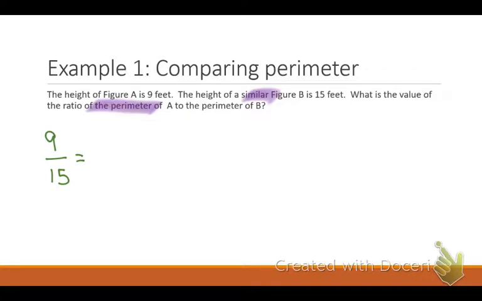Braden Harris, what do you think? Gavin? It's 3 over 5. That's it. That's the value of the ratios of the perimeters. Or of the height, I mean. Okay, so I could use that if I was solving for an unknown length, but I'm not doing that in this problem.